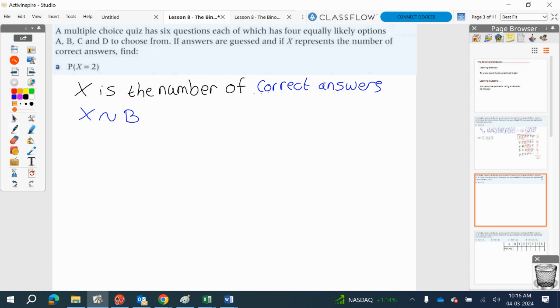We have 2 parameters that define the binomial distribution. We have the standard formula, I'll put it up here. X is binomially distributed by n and p. N is the number of trials. So how many times do we try and get a right answer?